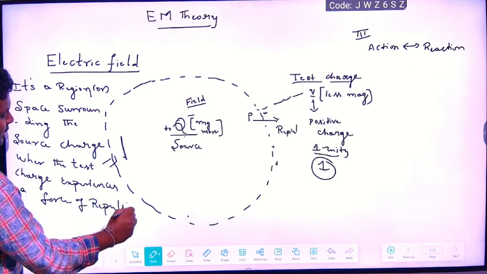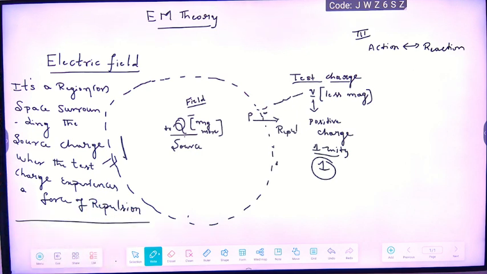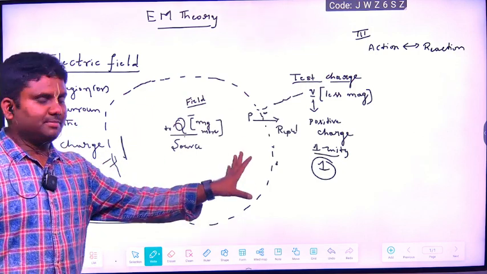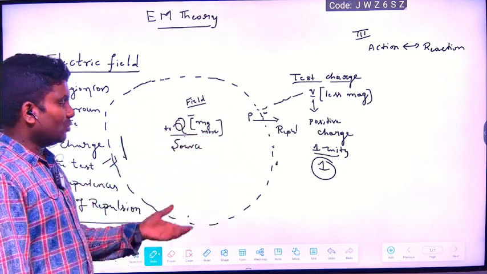So this is what we call the electric field. This is the region, the space surrounding the source charge.